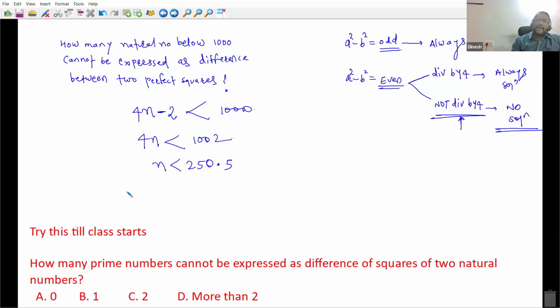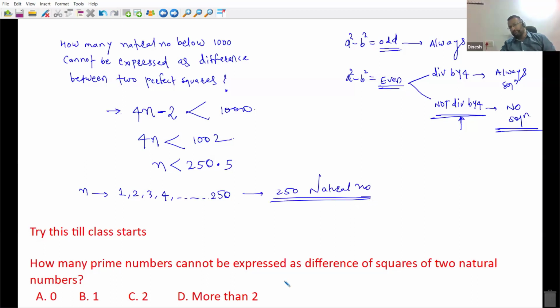So n cannot be 0. N can be 1, n can be 2, n can be 3. The last value that n can take is 250. So these are 250 values. There are 250 natural numbers below 1000 which we cannot express as a difference between two perfect squares.